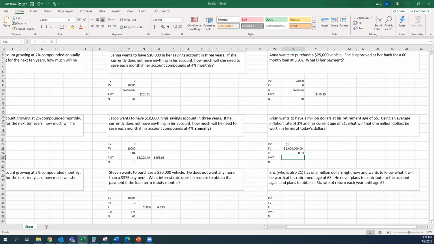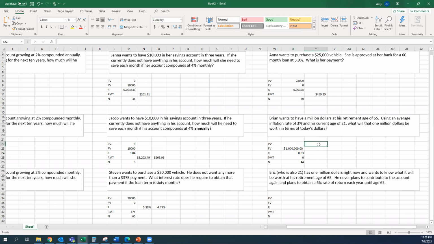So we're going to solve for our present value. We're not going to have any payments because he's not going to pay anything between now and then. But how do we figure out what that NPER is? Well, we know that he's currently 21 and he's going to retire at 65. So the difference between 65 and 21 is how long that money is going to sit there and accumulate.